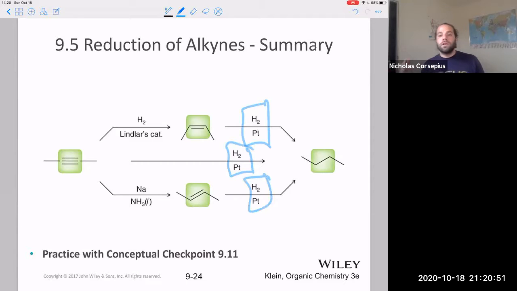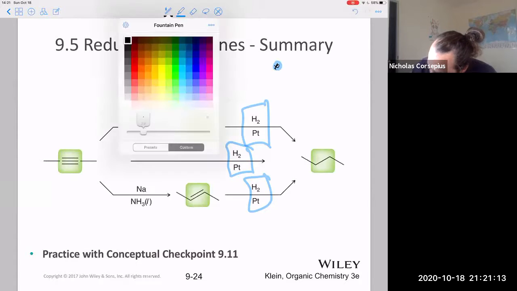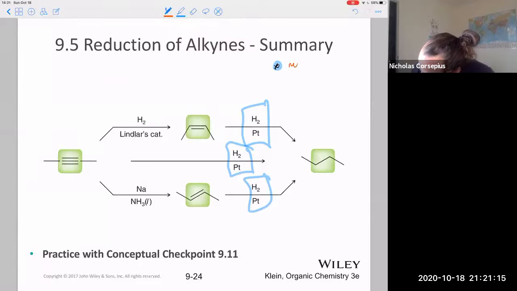Anytime we use hydrogen gas and one of those really good surface catalysts, again, palladium, platinum, or nickel, we're going to go all the way to that alkane, okay? In terms of mechanism, you don't have to know it for these solid surface.